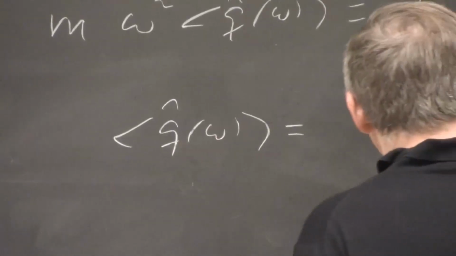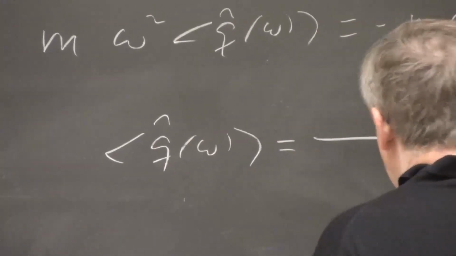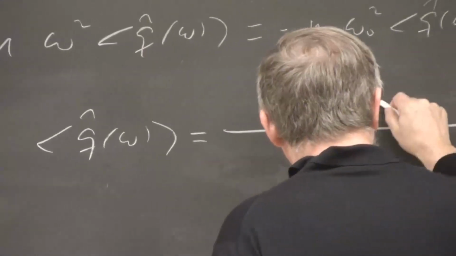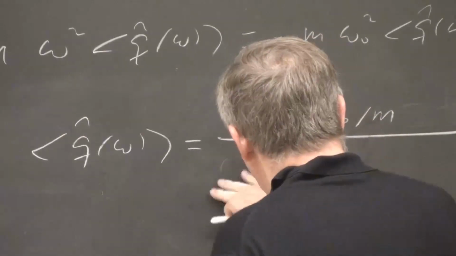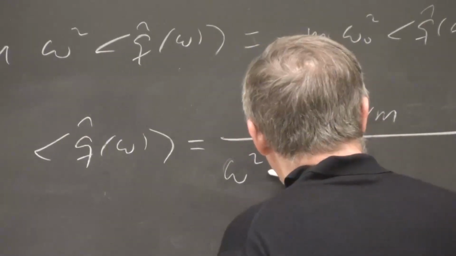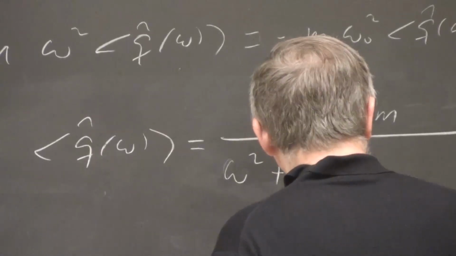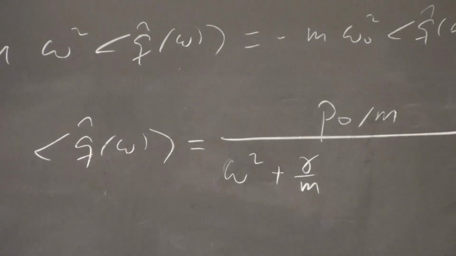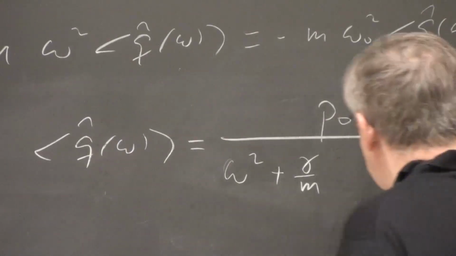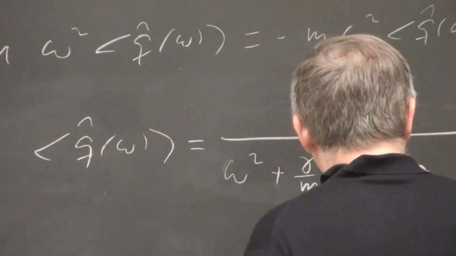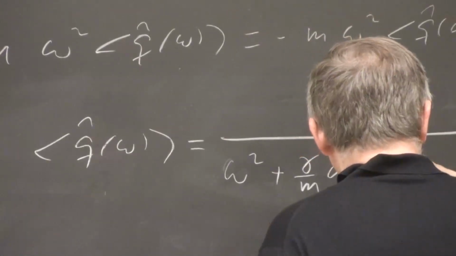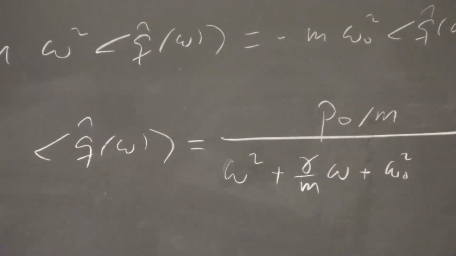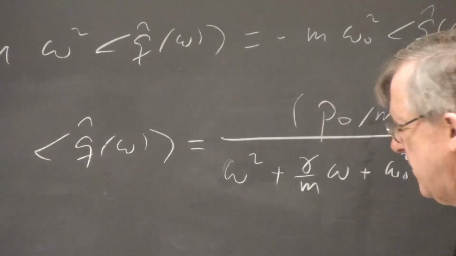We divide the system through it, so we have P0 over, and now M. I divide the M out, and then we're getting omega squared plus gamma over M omega, and then plus omega 0 squared. I divide out M, so this one doesn't have a factor M, so I have to divide by M here. That's what I get. And then P0 over M, don't forget the M here.